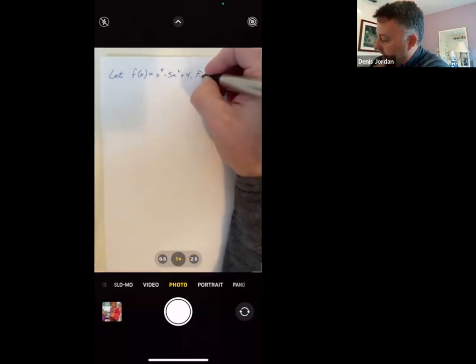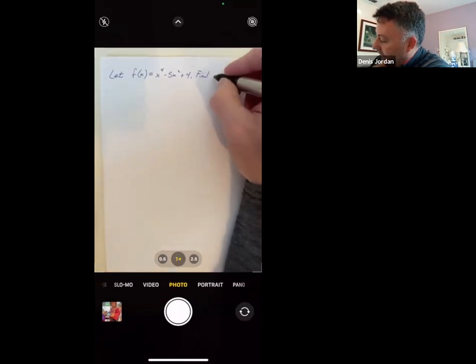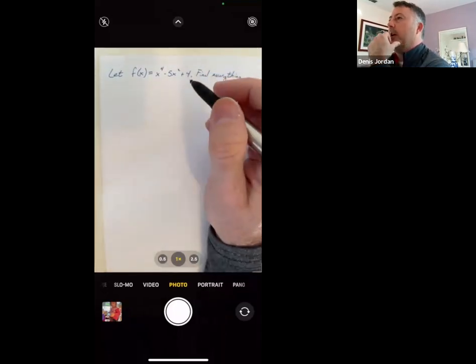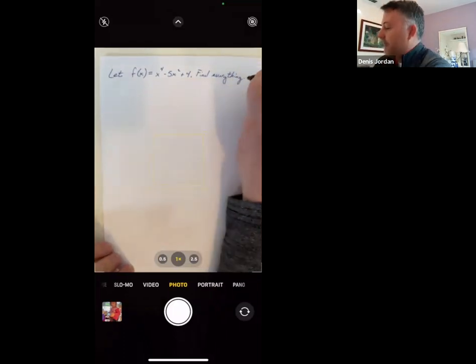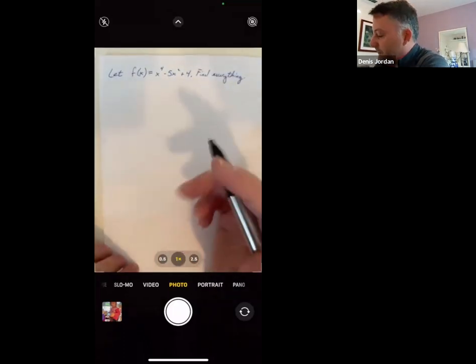And find everything. So where it increases, where it decreases, all the relative extrema, inflection points, the intervals of concavity, and so on and so forth.